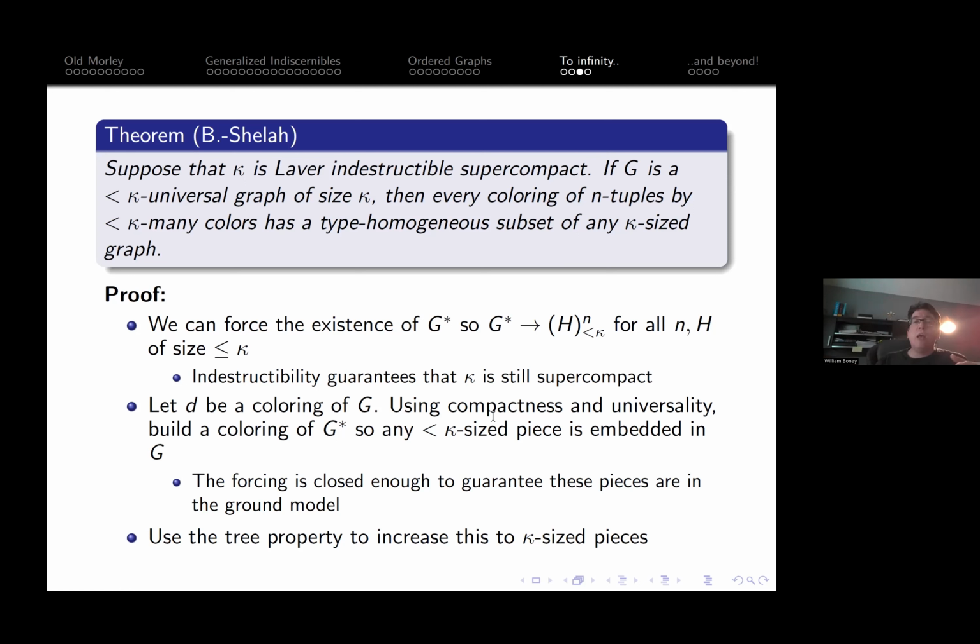That's what you want. But the key aspect of less than mu directed closed forcing is that you don't add any sets of size less than mu. So once you've reflected it back below kappa, you couldn't have added it by forcing. This homogeneity embedding had to be in the ground model.